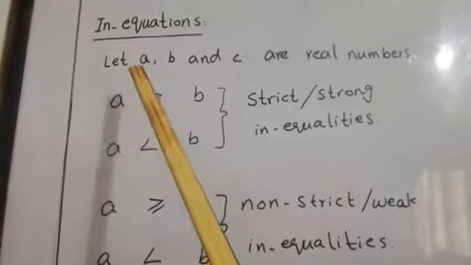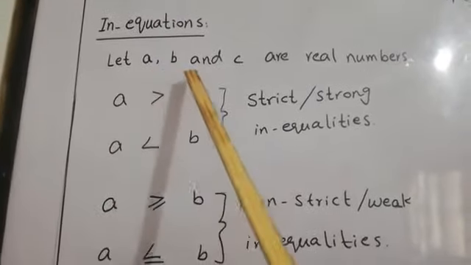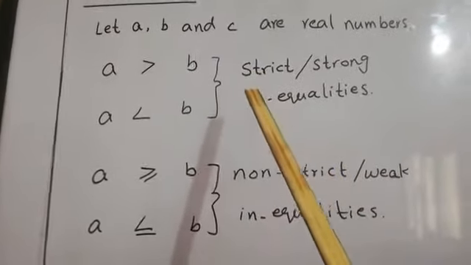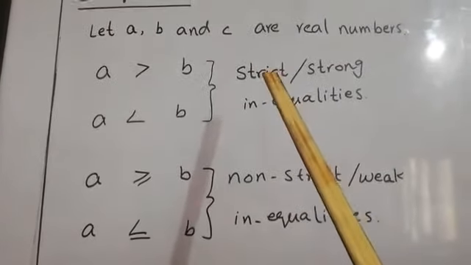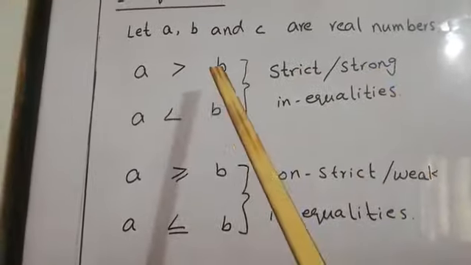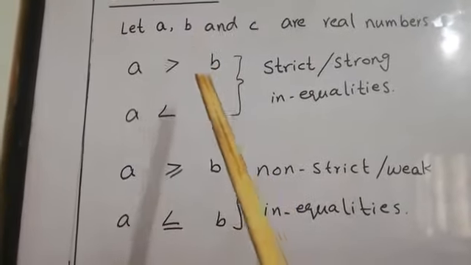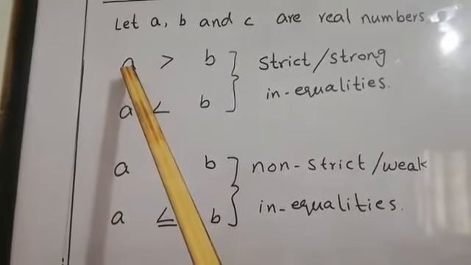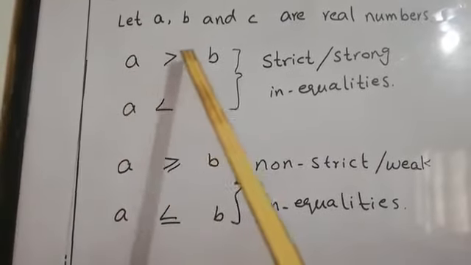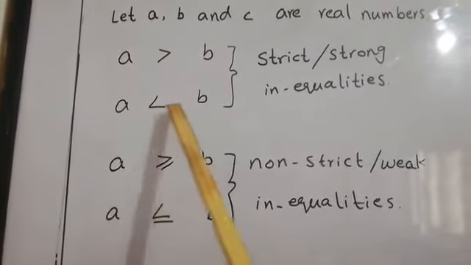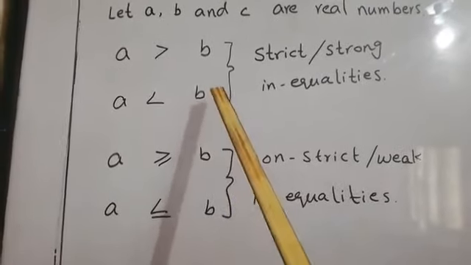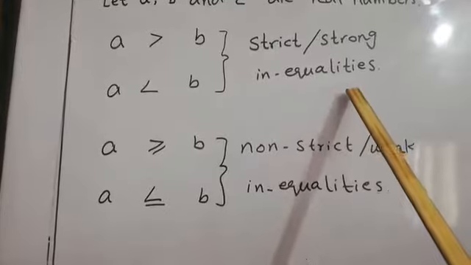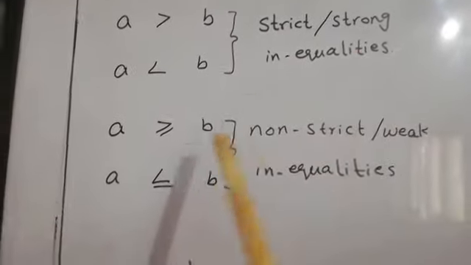For example, we have 3 real numbers A, B and C, and now we are going to compare these 3 variables. In the first 2 examples, we will compare 2 real numbers, for example, A and B. Suppose A is greater than B or A is less than B, then this is known as a strict or strong inequality.